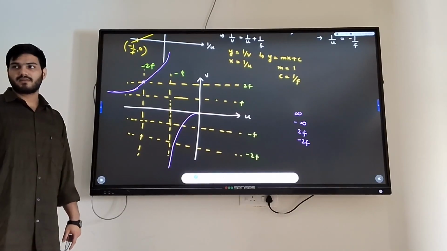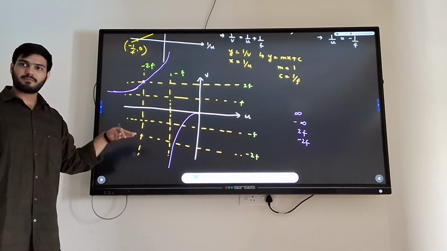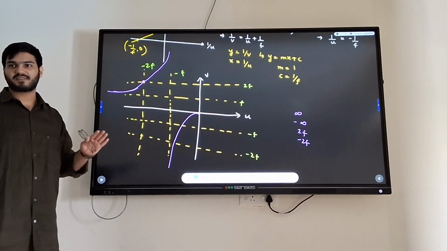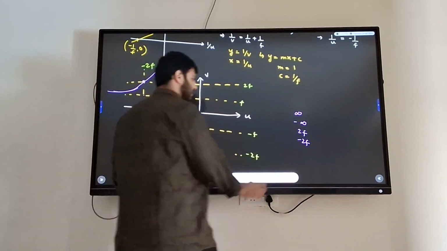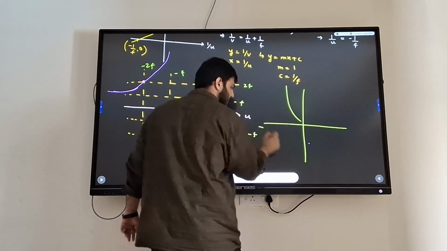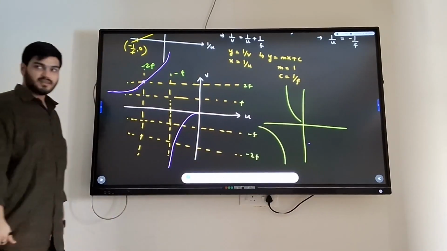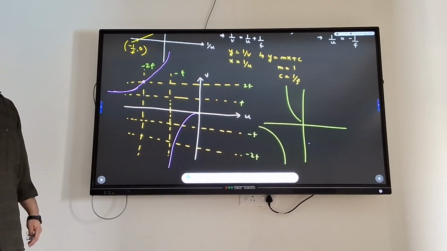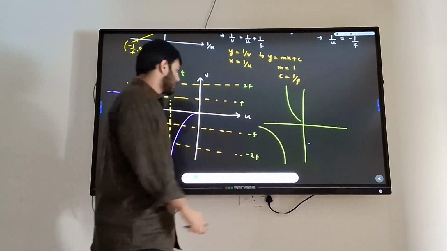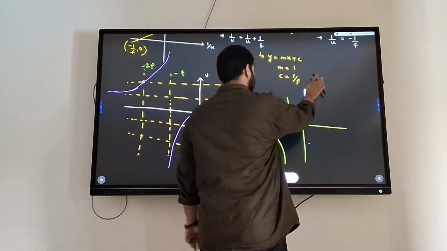If you remember, this is exactly the mirror image of the graph that we have done for mirrors. Mirror image of mirrors. There we found something like this, it goes like this, and then something like this. Do you remember? Exactly the different part. Good. This is for convex lens.